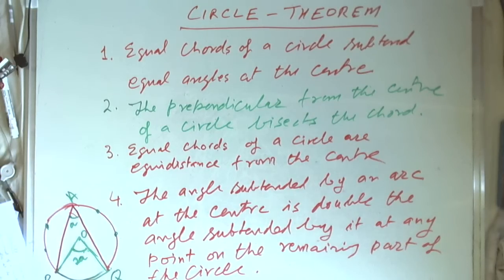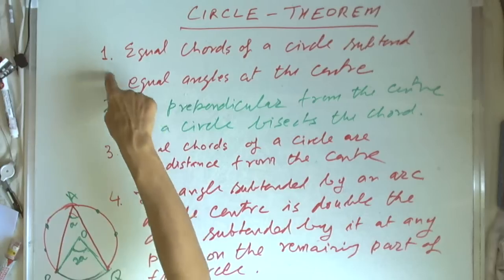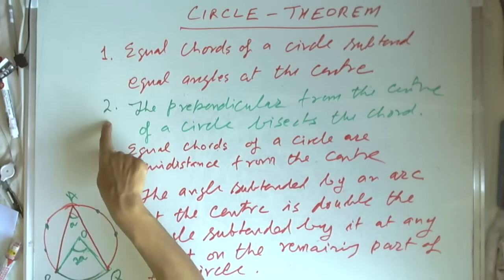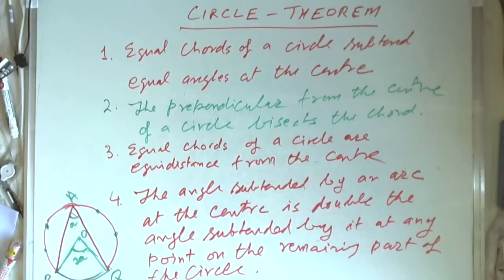So summarizing, there are 4 main theorems which we need to remember: equal chords of a circle subtend equal angles at the center, which is theorem number 1. Theorem number 2 is the perpendicular from the center of a circle bisects the chord, dividing it into 2 equal parts. Equal chords of a circle are equidistant from the center.